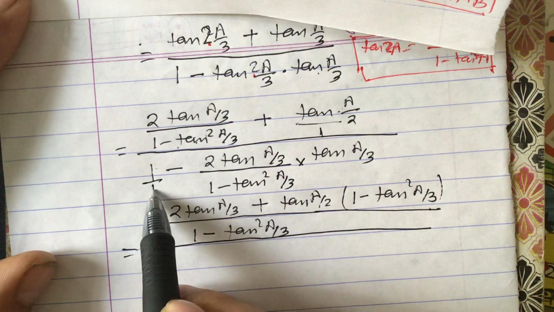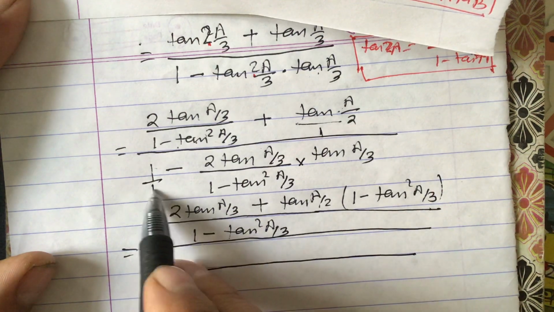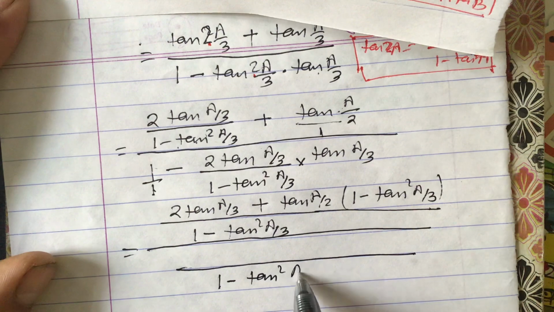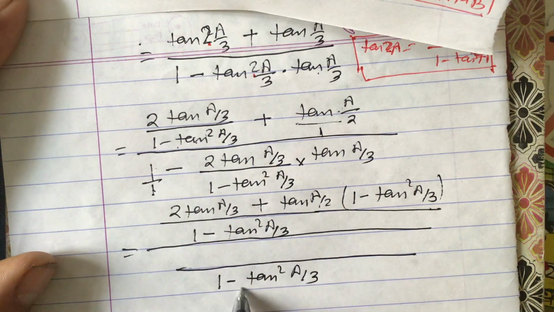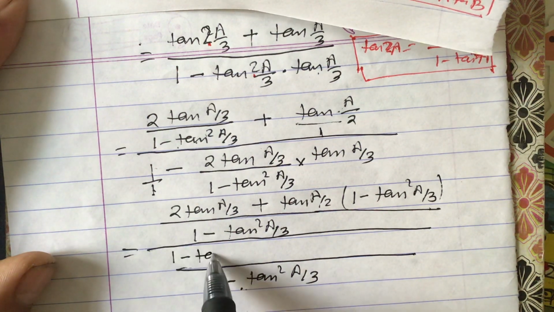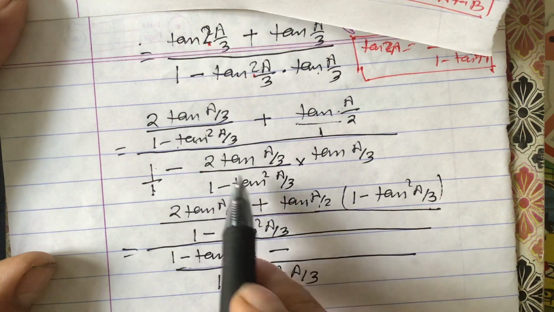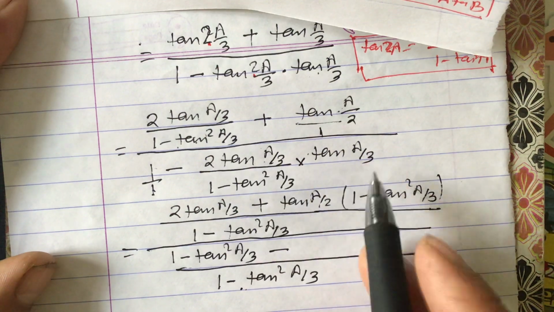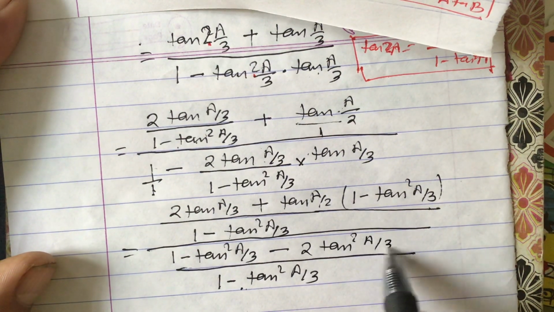So the LCM of this and this is, again let us take the LCM of this and this, 1 minus tan square a by 3. Okay, now since 1 will divide here, it will be the same, this will multiply here, you will get 1 minus tan square a by 3, and then minus this and this is the same, the numerator will be the same, 2 tan a by 3 and tan a by 3 will be 2 tan square a by 3.